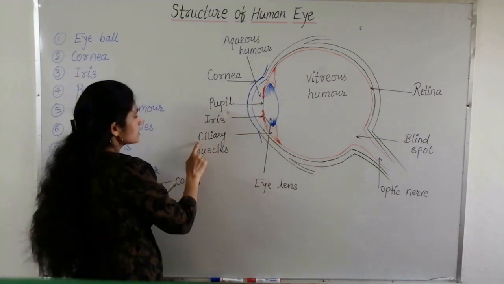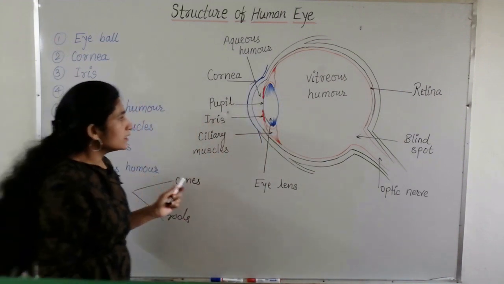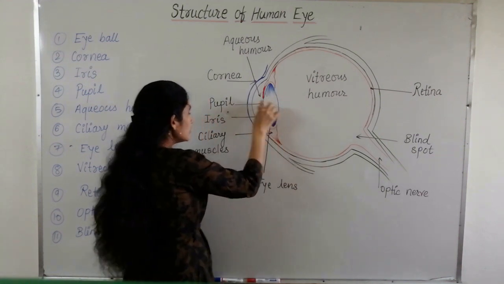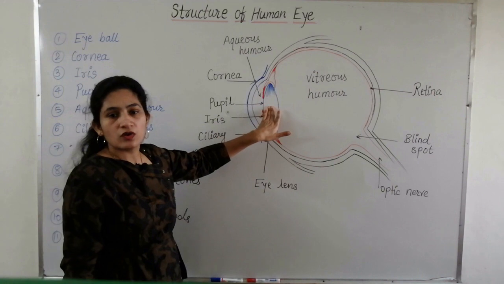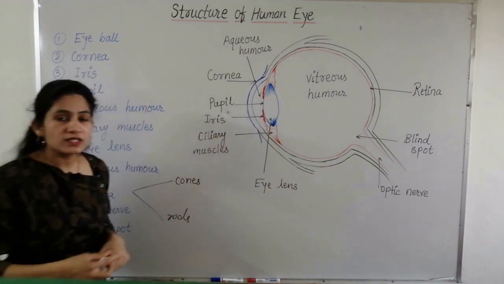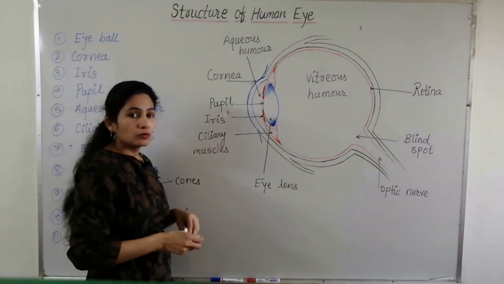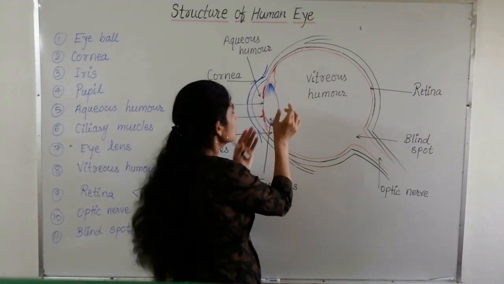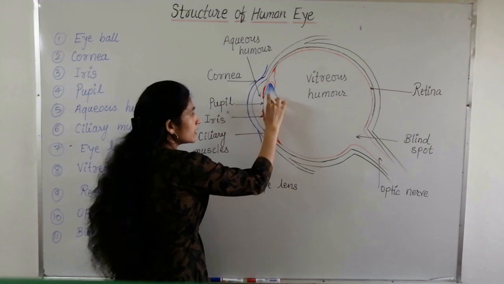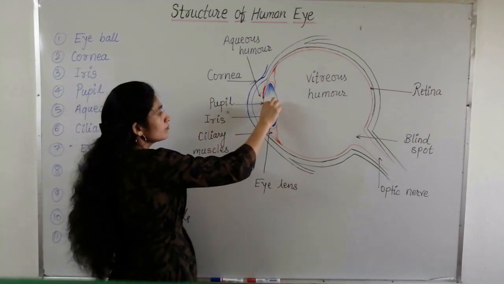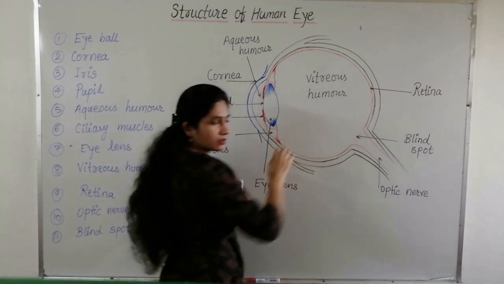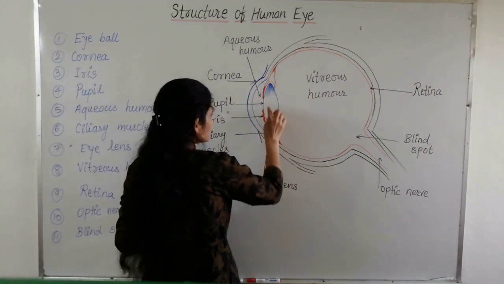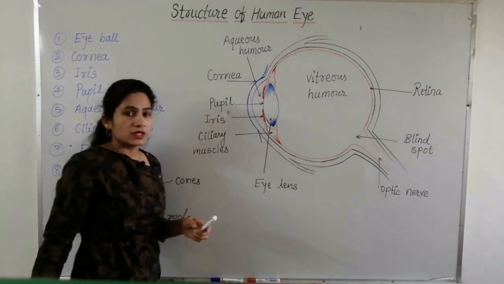Now, what is the function of ciliary muscles? Ciliary muscles hold the eye lens in its place and they also change the thickness of the eye lens. When we see a distant object like the moon, the thickness of the eye lens decreases. It becomes thinnest, so that the light from the moon focuses on the retina, and the image forms on the retina.